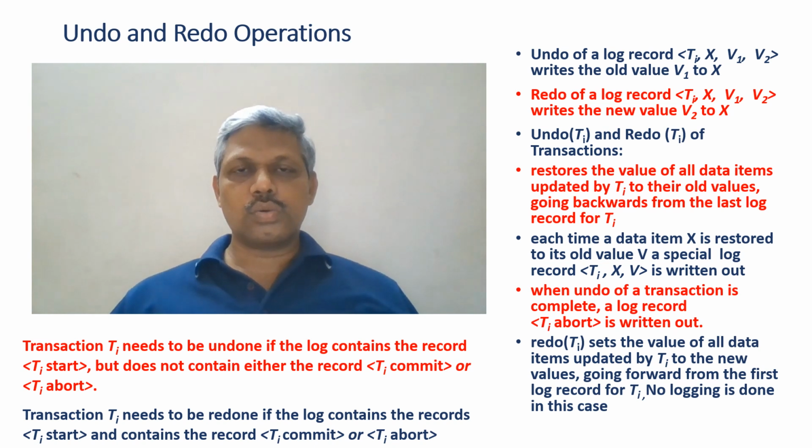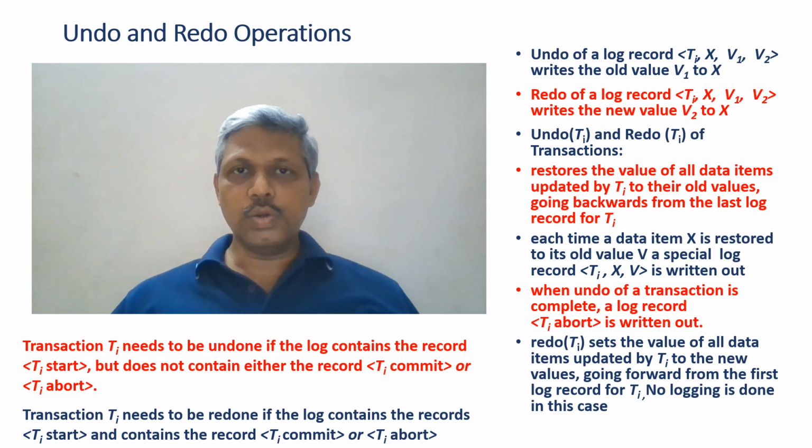So several transactions are at several stages. Now to recover them, sometimes we need to undo some of the actions, and we need to redo others. And how do we do them? Based on the log records that we have already created. Suppose we take an undo case. A log record is already written on the stable storage in the form <Ti, X, V1, V2>, indicating that the transaction Ti has modified the database object X, where the old value is V1 and the new value is V2.